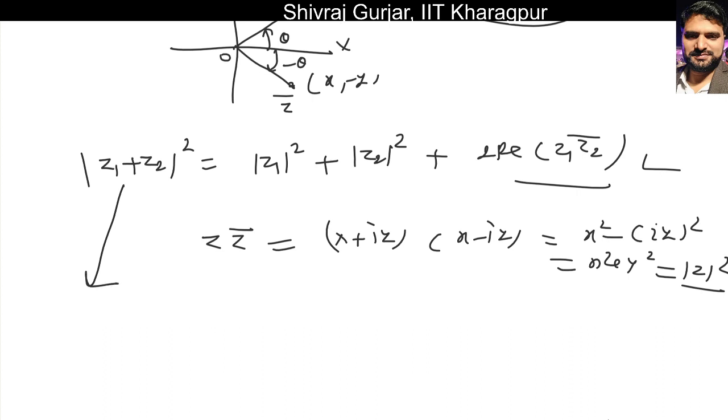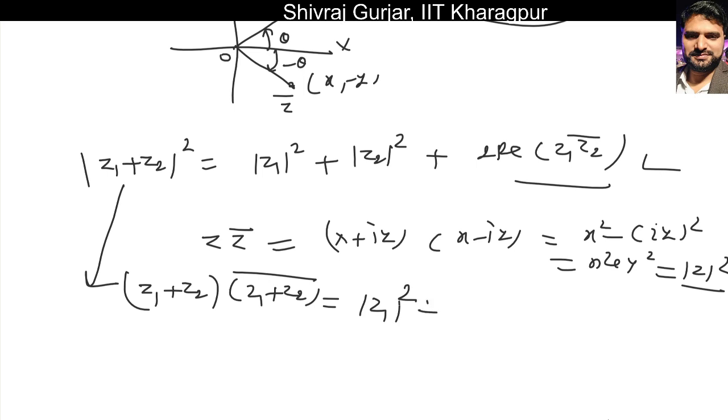So modulus z1 z2 square can be written as (z1 z2)(z1 z2 bar). Now if we expand this, then this will be z1 z1 bar, which can be written as modulus z1 square, modulus z2 square, plus z1 z2 bar plus z1 bar z2.